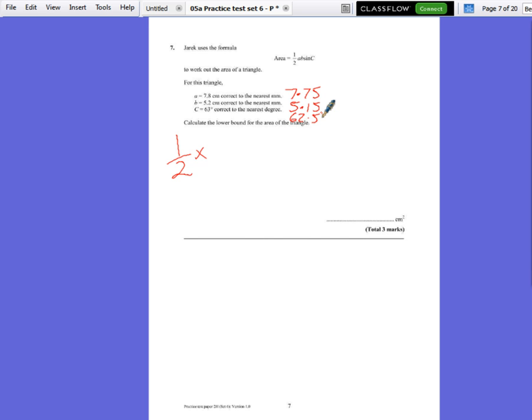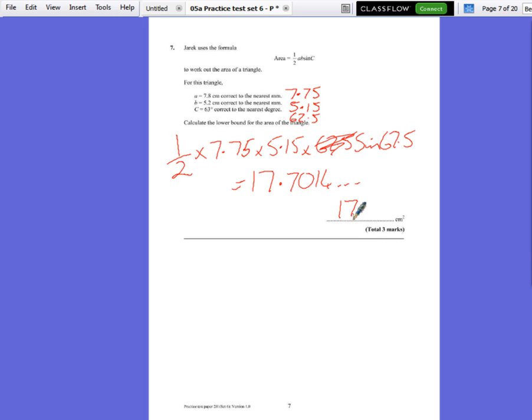So a half times 7.75 times 5.15 times sin 62.5. If you put all that into a calculator, you would get 17.7014. So to one decimal place, that would be 17.7 centimetres squared.